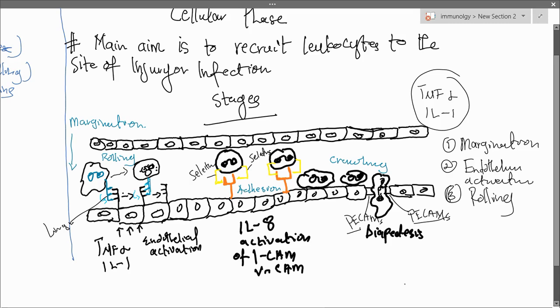So there should be more recruitment of these WBCs to further continue the resolution phase, either by undergoing phagocytosis, by engulfing pathogens, or by also clearing dead or damaged tissue. So basically, this is what the cellular phase is about. It's a very brief lecture. In the next lecture, we'll talk about phagocytosis, the process that is involved in phagocytosis. All right.